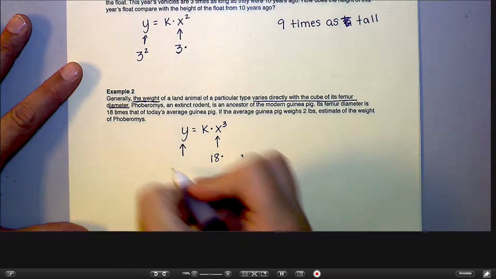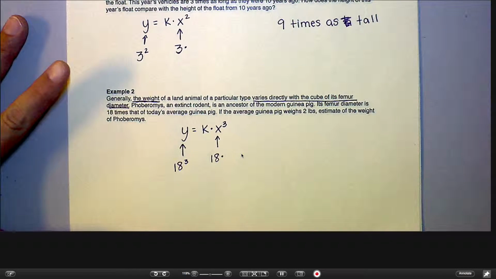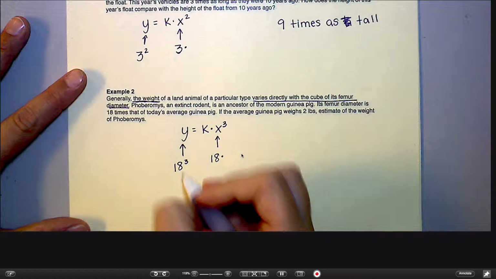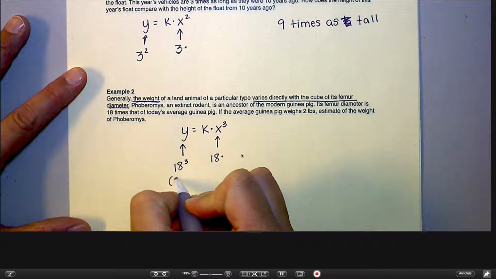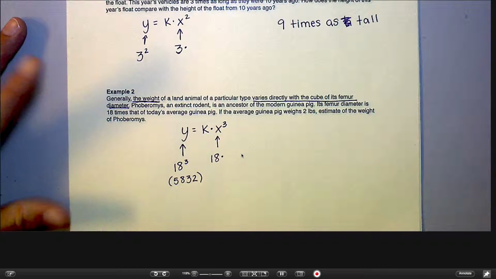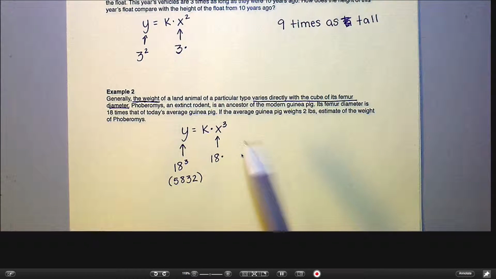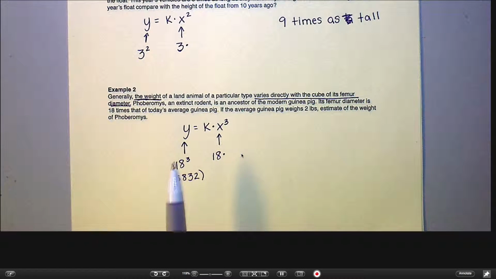Okay, it's going to be multiplied by 18 to the third, which, gosh, I don't even know what that is. 5,832? Yeah. So that's 5,832 times bigger. So the weight of this animal is almost 6,000 times that of a guinea pig. Does that terrify anybody? I'm trying to picture what this thing looks like. It's kind of terrifying to me.